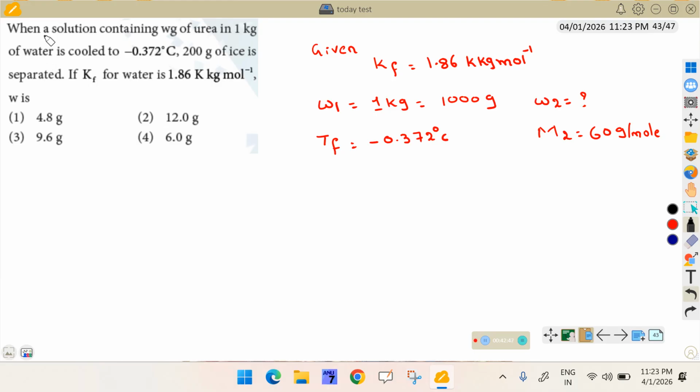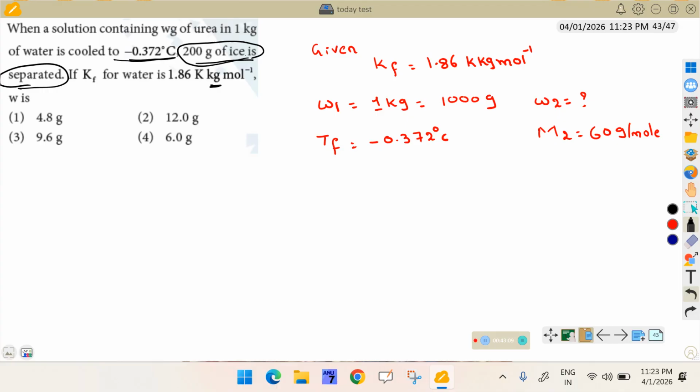When a solution containing a weight of urea in 1 kg of water is cooled to minus 0.372 degrees Celsius, 200 grams of ice is separated. Kf for water is given in K kg mole inverse.